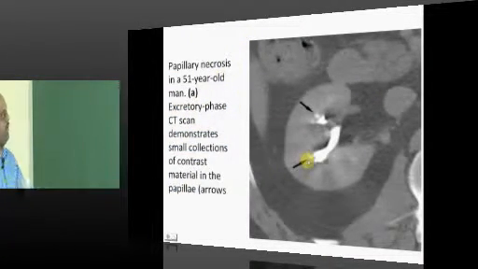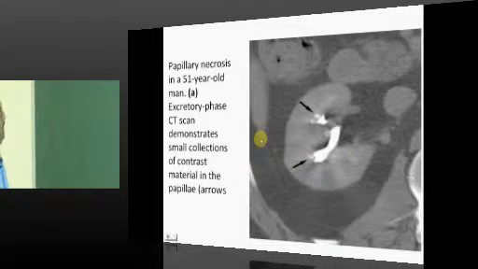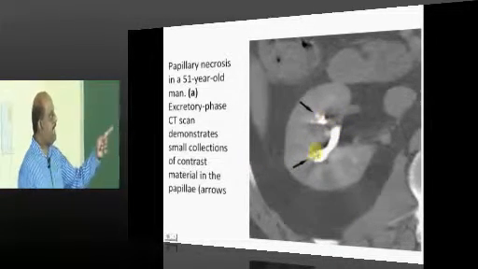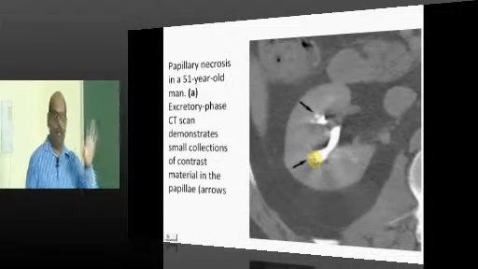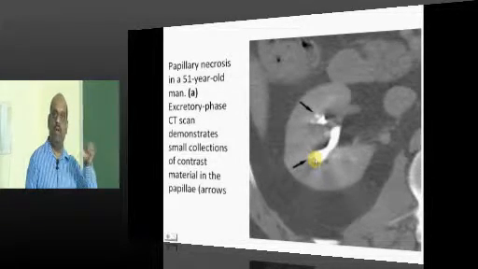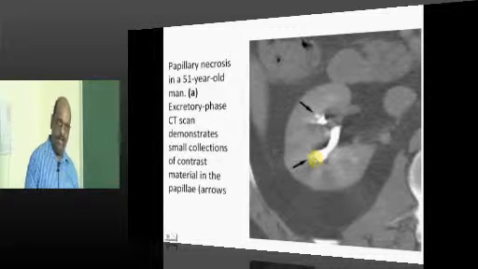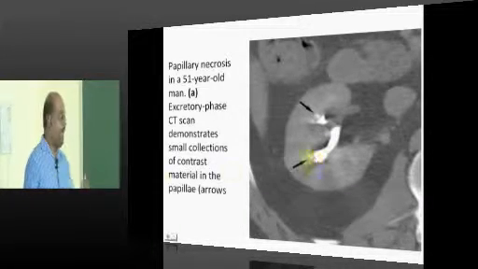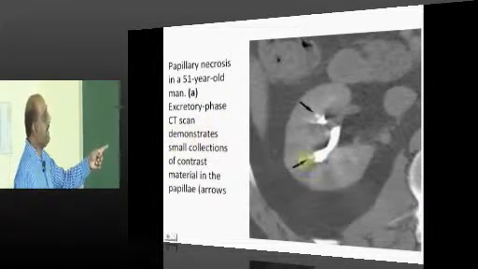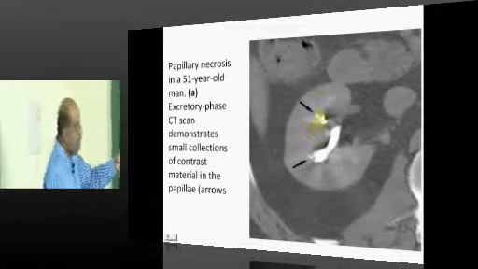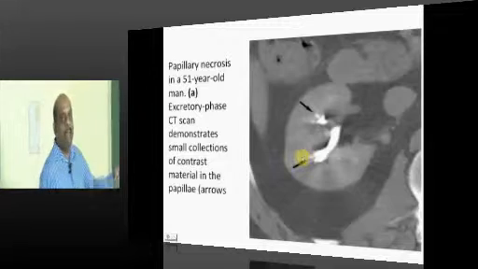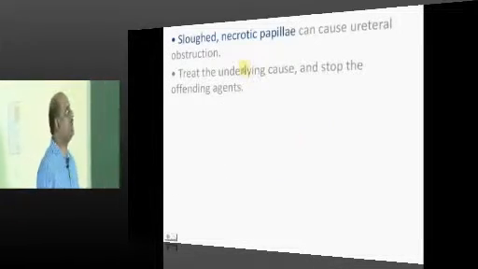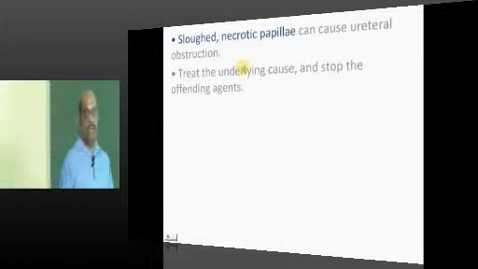Another 51-year-old man, typically excretory phase of the CT scan, you passed a contrast and you took some time for the contrast to appear in the kidney, and then took another film. Excretory phase CT scan had shown small collections of the contrast getting collected in the papillae due to the papillary necrosis, is what needs to be remembered.